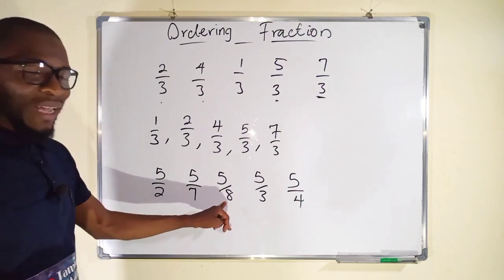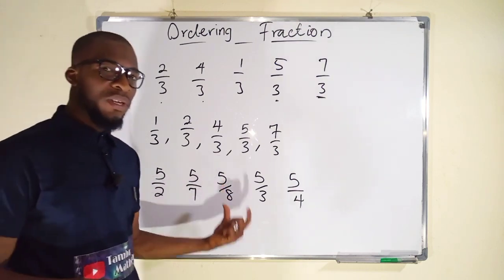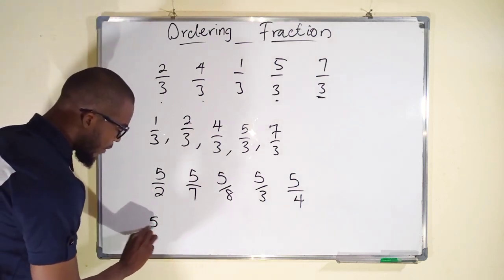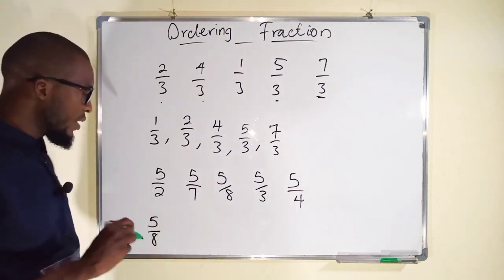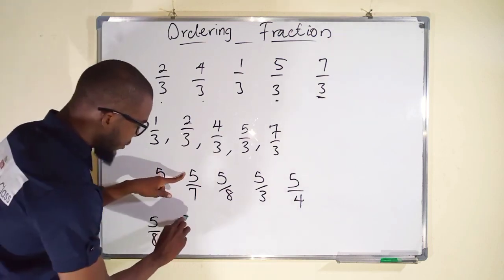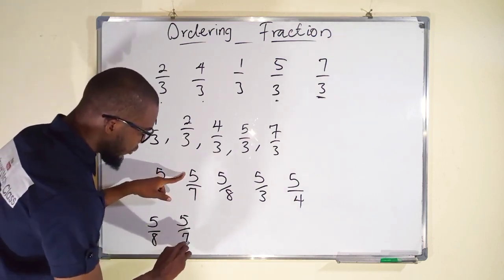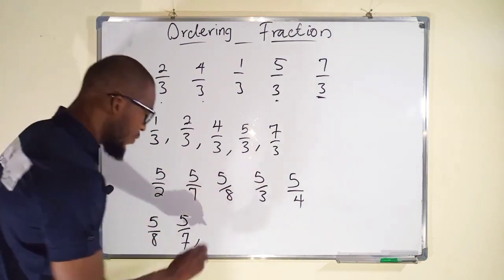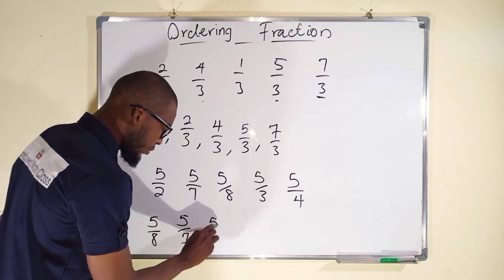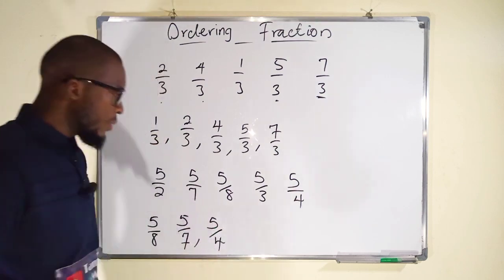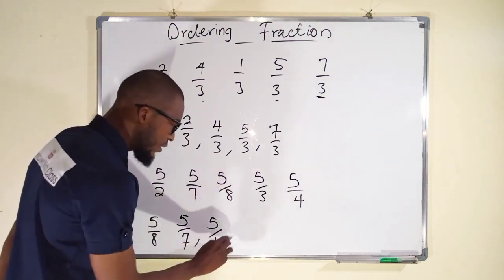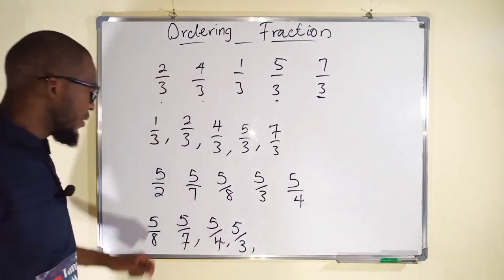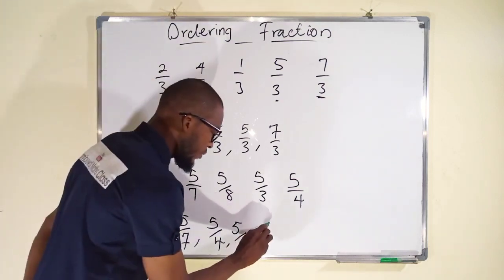So to write this in ascending order, you have to start from the least. And the least is this one, which is 5/8, the smallest, followed by 5/7, followed by 5/4, followed by 5/3, and lastly 5/2.